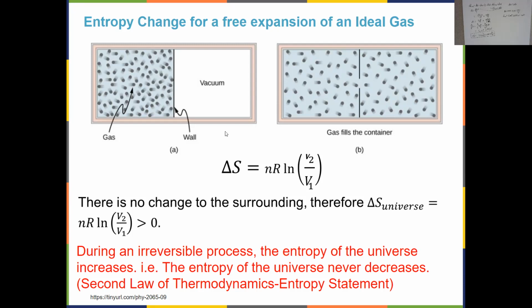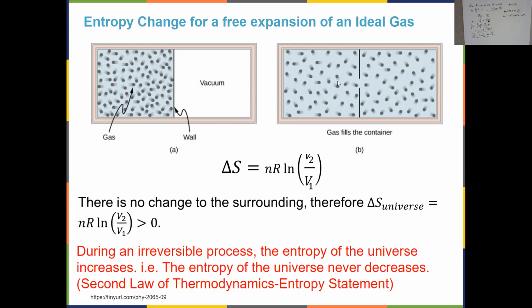Now, the example we mentioned earlier at the beginning of the chapter, for an irreversible process: you make a hole in the wall between these two compartments, so then gas molecules will diffuse into the other compartment. So this is an irreversible process.